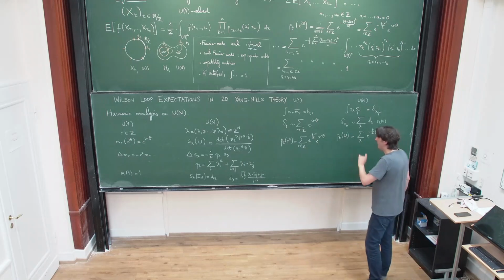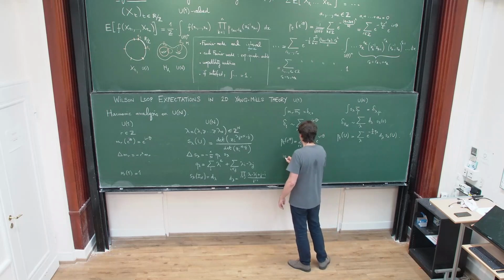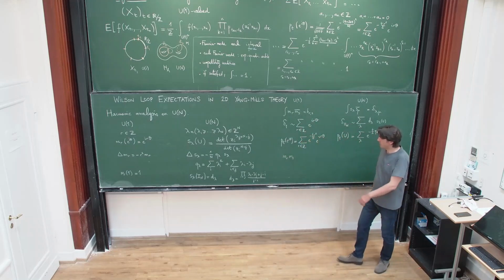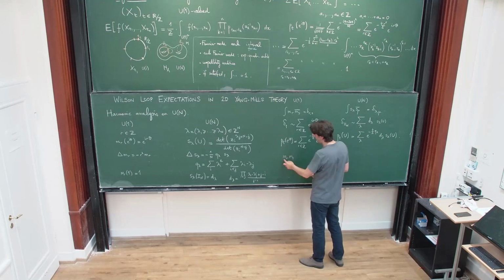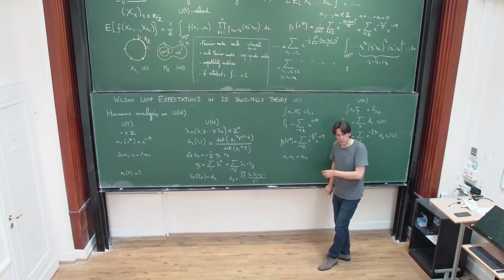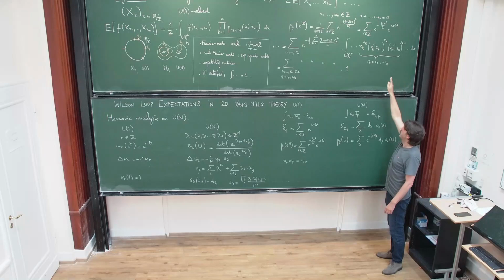The point maybe where things are really not as simple on the UN side is when you start to multiply modes. Because on the U1 side, if you multiply MR by MS, you find MR plus S. And this we used because we integrated here a product of 3 modes.